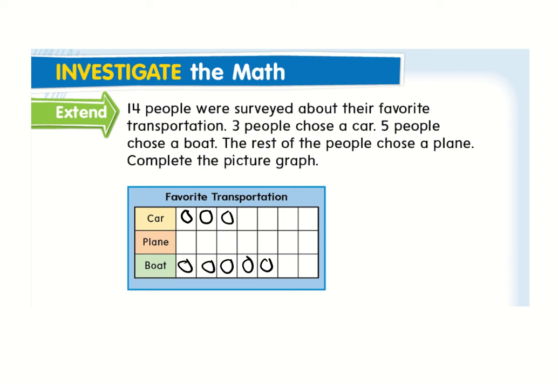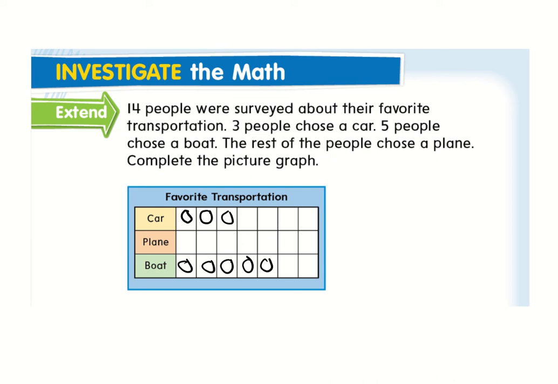Well, the thing is, boys and girls, I know that 14 is my total. So I can do it a couple different ways. I can do subtraction, or I can do addition to figure this out. Now let's take a look. If I do 1, 2, 3 for car, and I keep counting on 1, 2, 3, 4, 5.